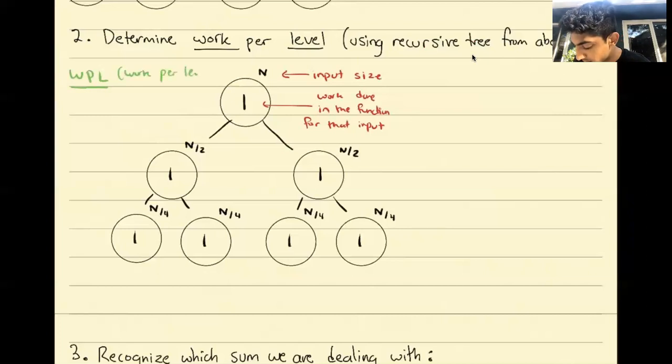So at the first level of this tree, the only work that we're actually doing is one work. So in this work per level, I'm going to say I do one work at this level of the tree. Looking at the second level of this tree, we're doing 2 work. So I'll put 2 here. Then if we look at this next level, we'll see that we're doing 4 work, okay? So we'll put a 4 here. And then so on, right?